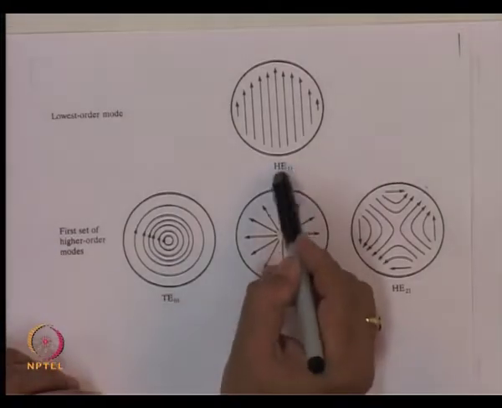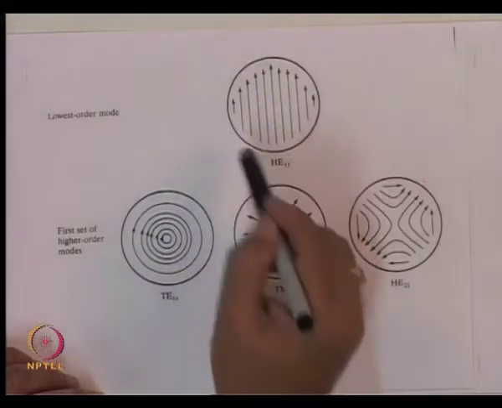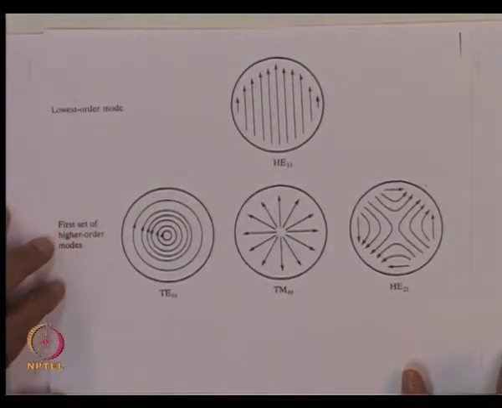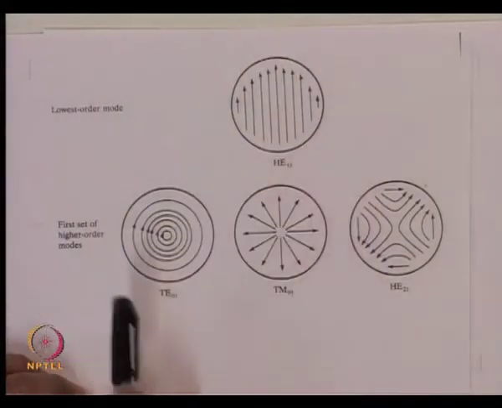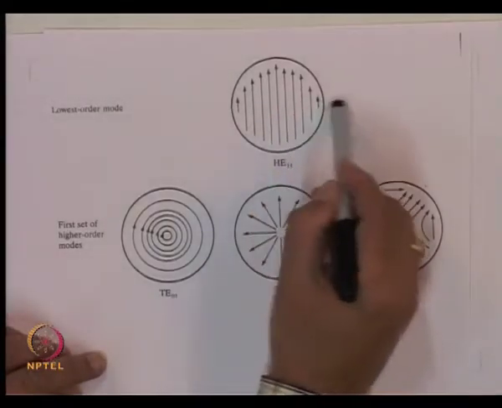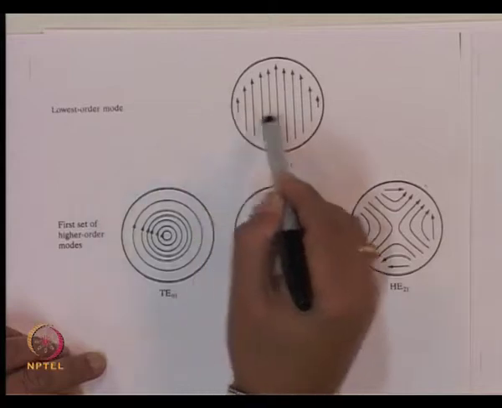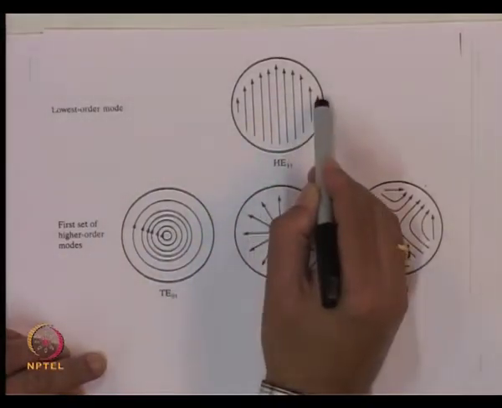How do you see the first index? HE1 means there is a 1 cycle variation here. If I look at the field component, let us consider any field component, say the E R component. R is radially outwards everywhere. If I come to this direction, the R component is 0.